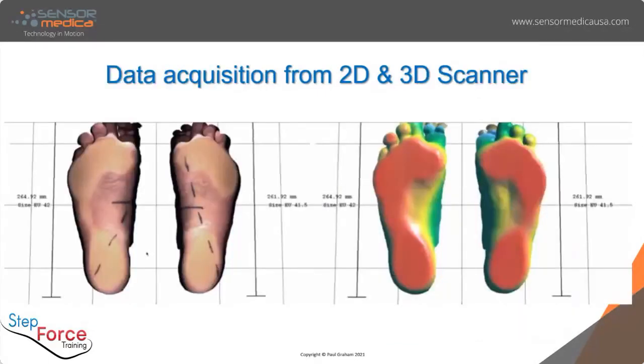So from this, I get to see the subtalar joint axis, which I've marked on the 2D picture on the left. I also see the functional hallux limitus release point, and I've got the 3D model for the design of the orthotics. And so what I'm going to do now is design a pair of orthotics so you can see how we do this.